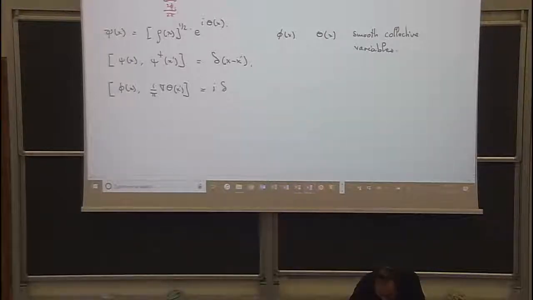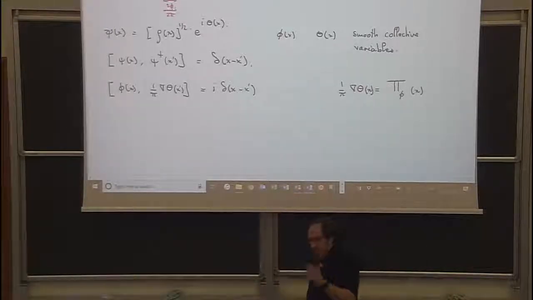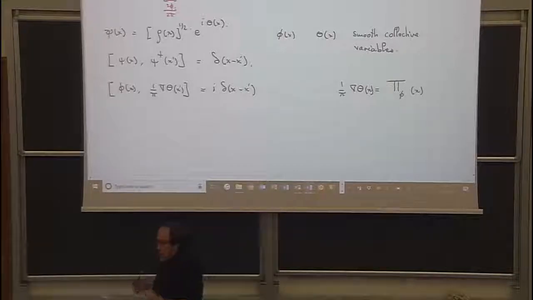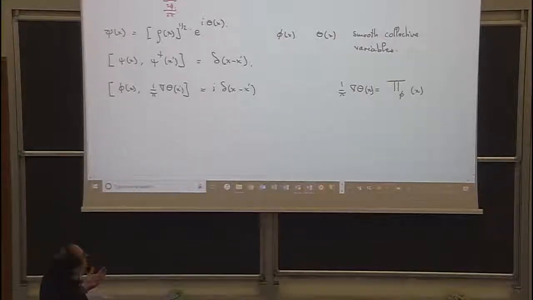So this is i delta of x minus x prime. If you prefer, 1 over pi grad theta is the momentum conjugate to phi at point x. So these variables theta and phi are not independent variables.